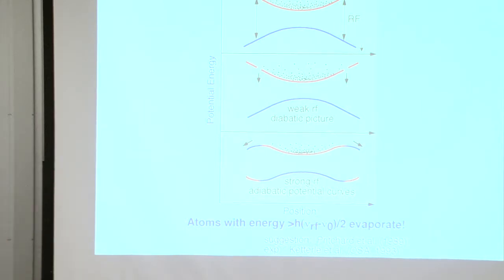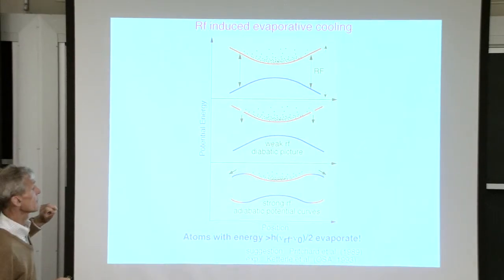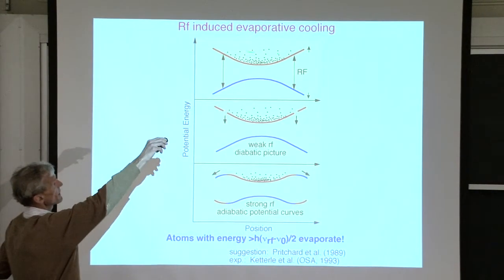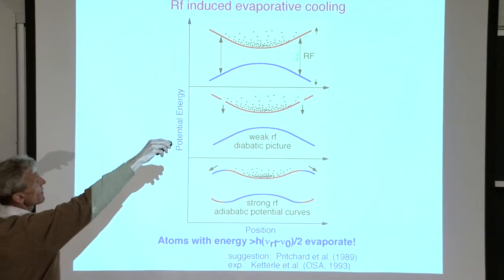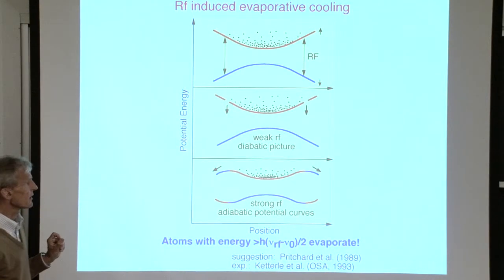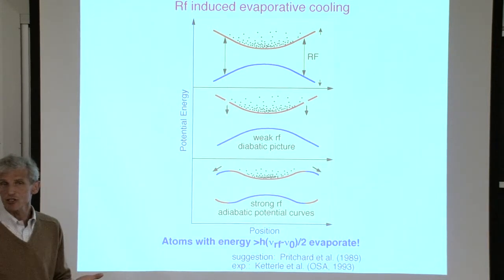I don't have time to go into details, but what I'm showing here is that there are two regimes when you have this magnetic trap, red is spin up, blue is spin down, and this is your RF transition. There is a regime where you have strong RF. You should now use dressed energy levels.